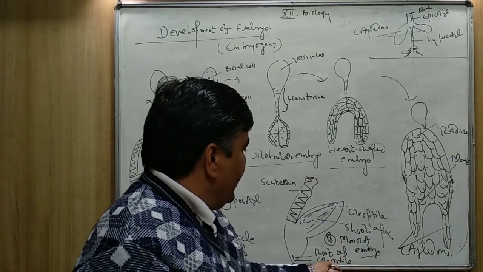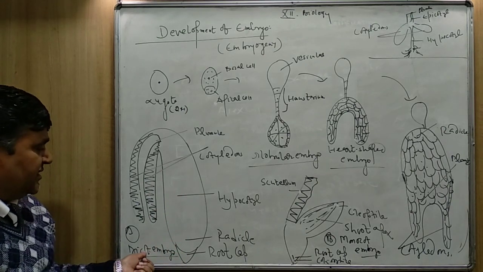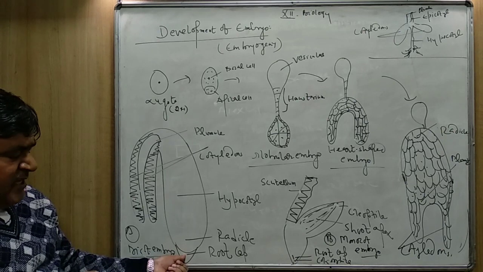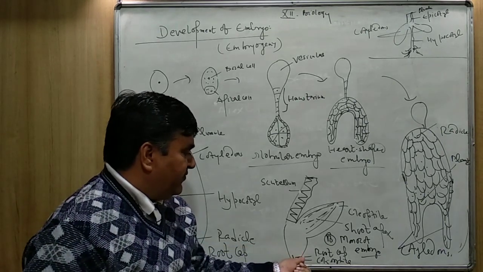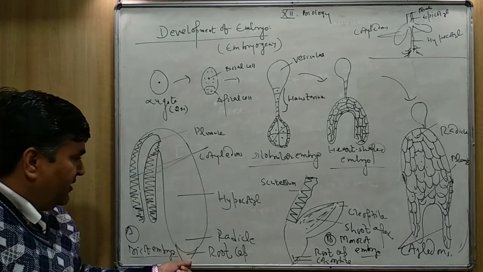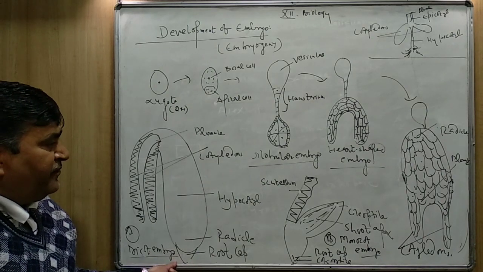The coleoptile and coleorhiza both are absent in the case of the dicot embryo. The root cap is present in both cases, in dicot as well as in monocot, but the root cap is not protected by coleorhiza in the dicot embryo.